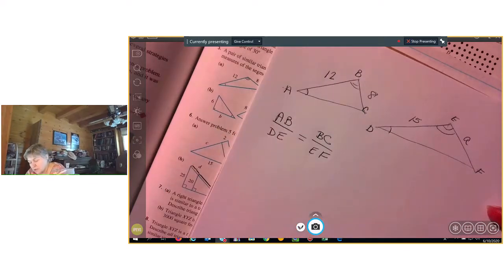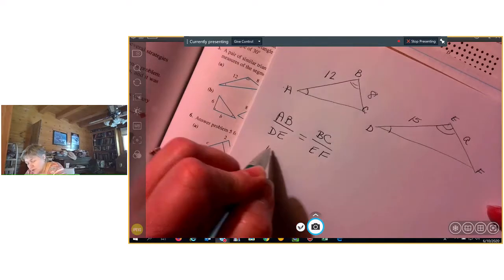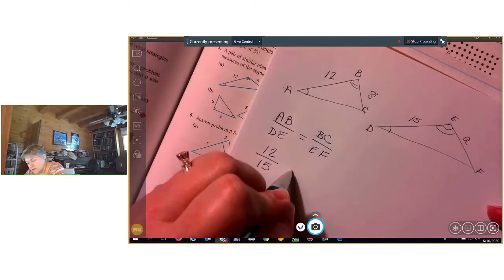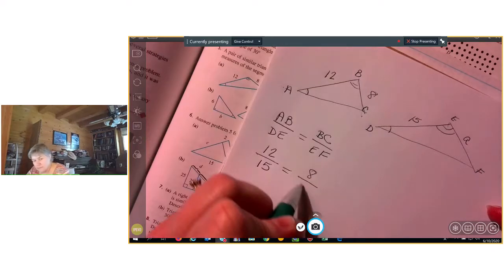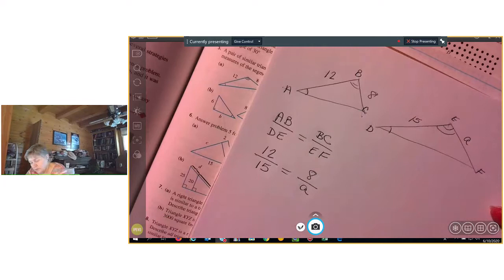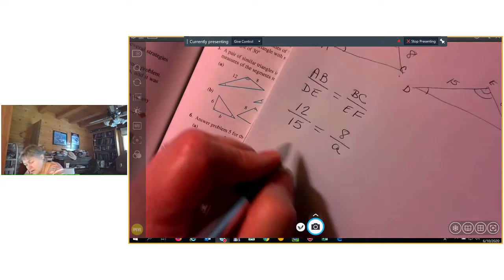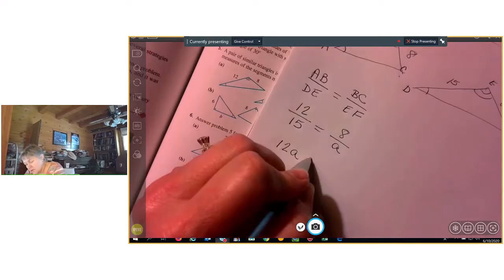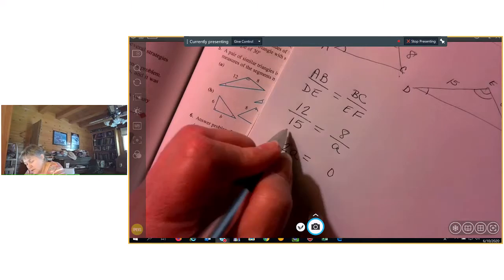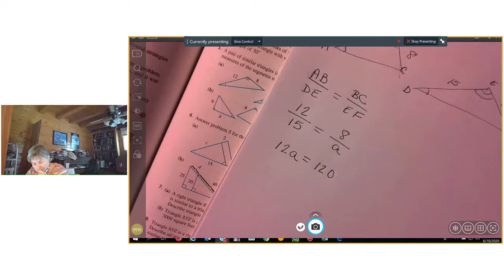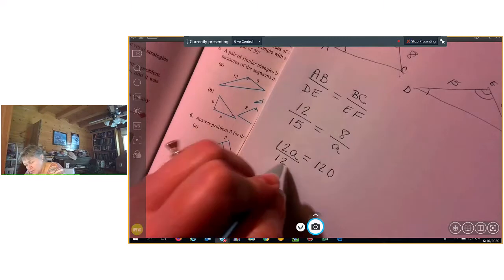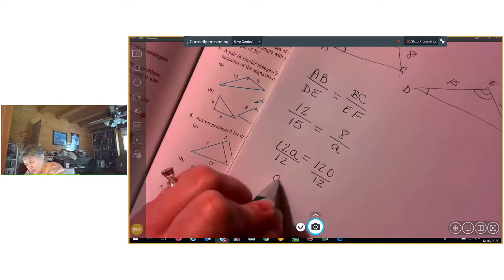So now I can say 12 over 15 is equal to 8 over A. Then we've got 12A is equal to 40, that's going to be 120. So if we divide this by 12, then A is equal to 10.